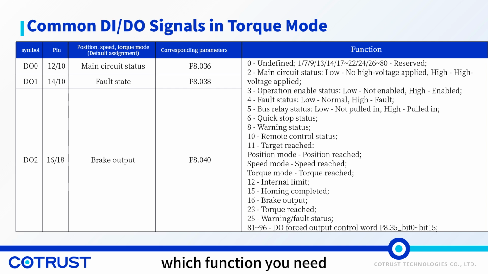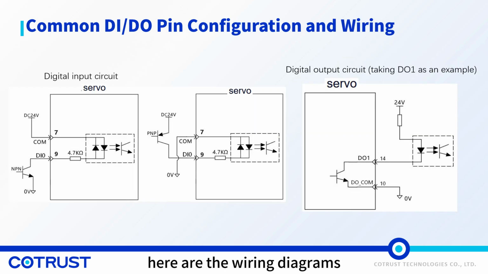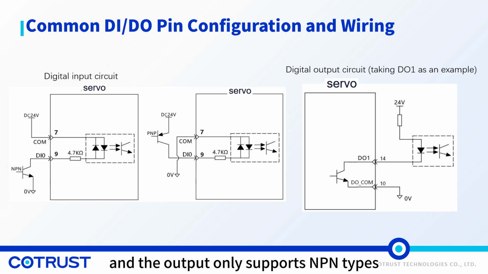Whichever function you need, you can directly write the value of the corresponding function to the parameter address corresponding to the DO. Here are the wiring diagrams of the digital input and digital output circuits. The input supports NPN and PNP types, and the output only supports NPN types.